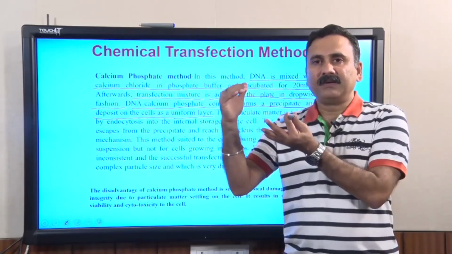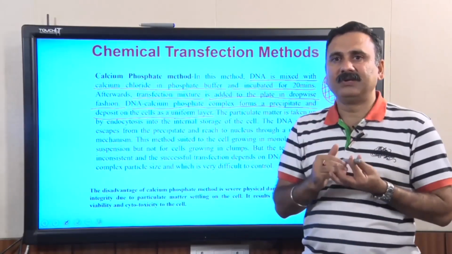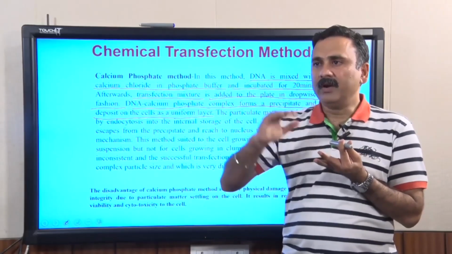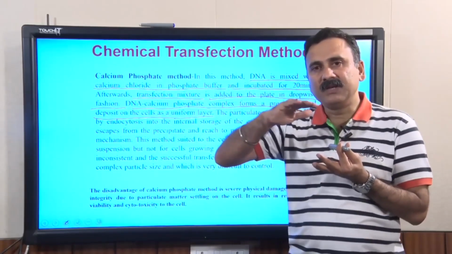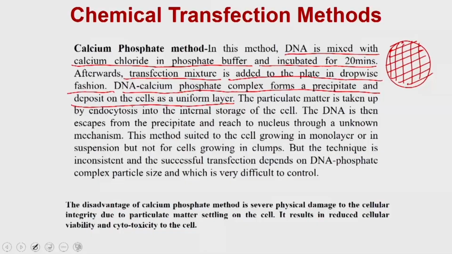So the cell actively takes up the particles which are spread on it as a powder, and the particulate matter is taken up by endocytosis into the internal storage of the cell.